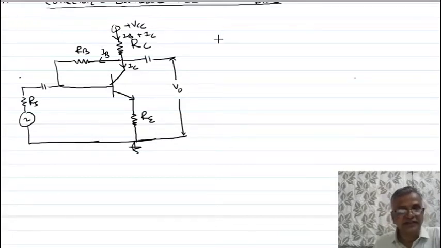I will discuss the stability action in two parts: first the feedback from the collector to the base, second the feedback from the emitter resistor.